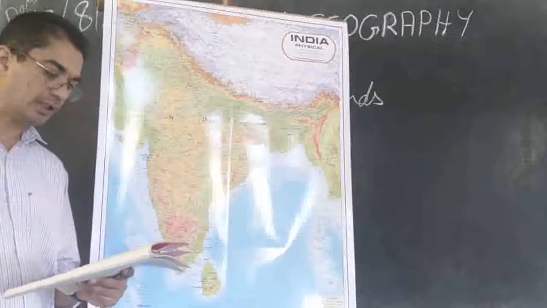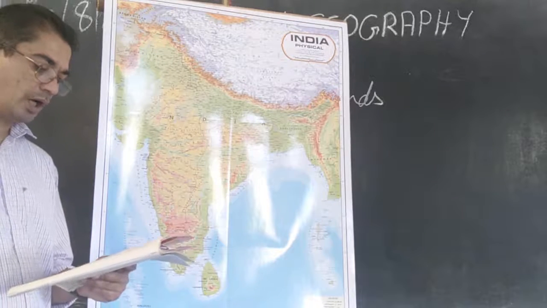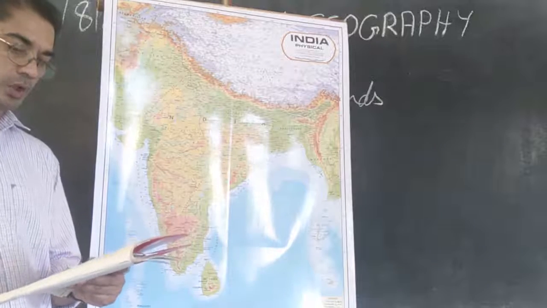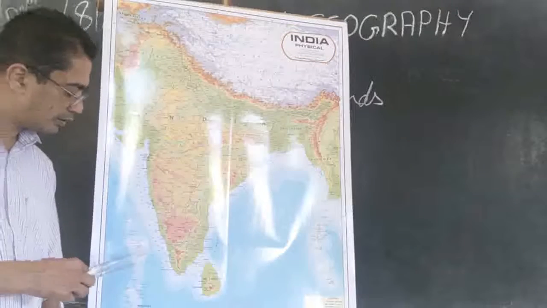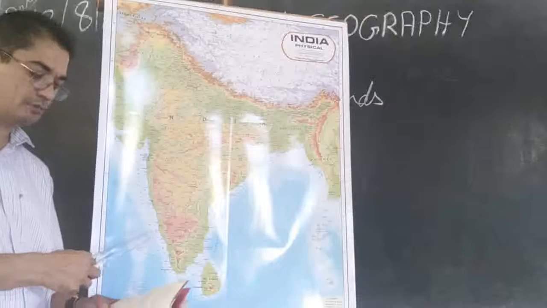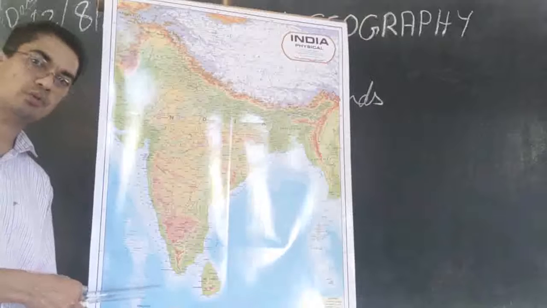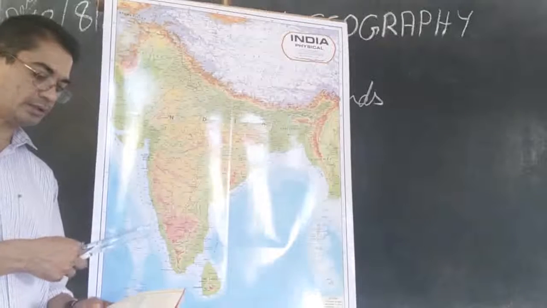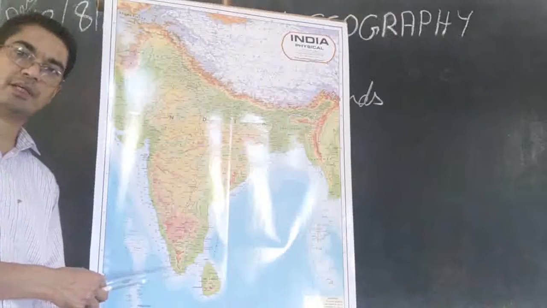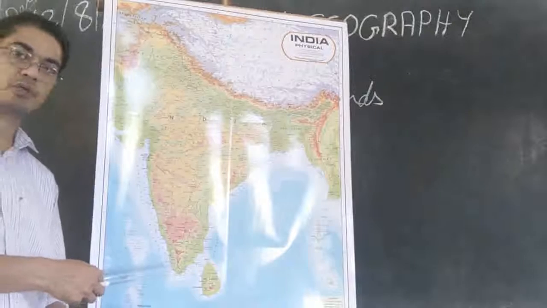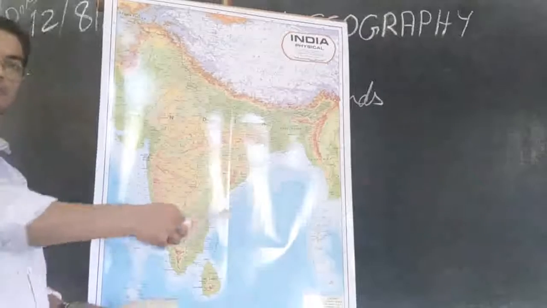The wind moves in a southeasterly direction, crosses the equator, and turns right towards the low pressure areas of the Indian subcontinent.